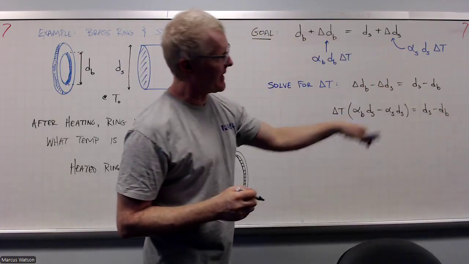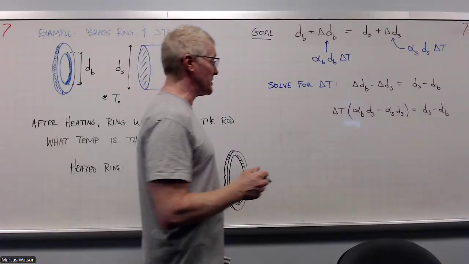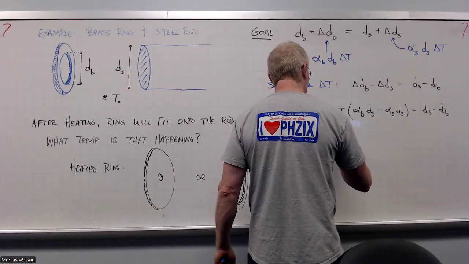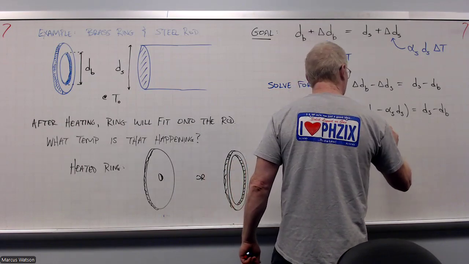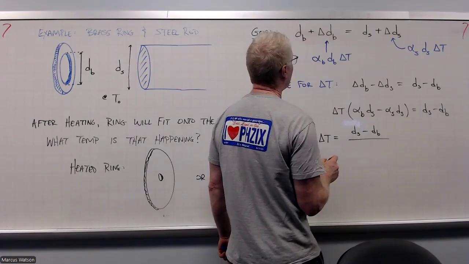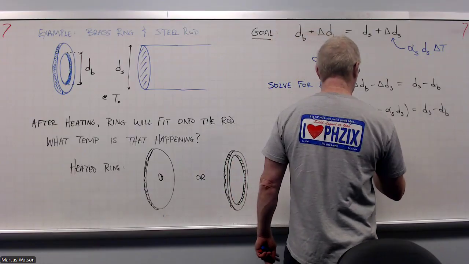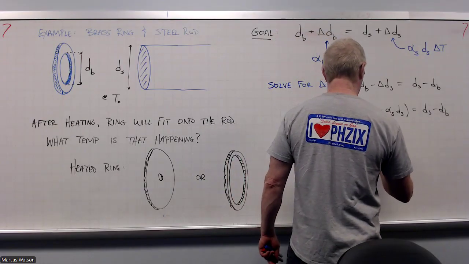And all I've got to do is swing that underneath, and I should be good to go to find what the temperature change is going to be in order to affect the necessary expansions.